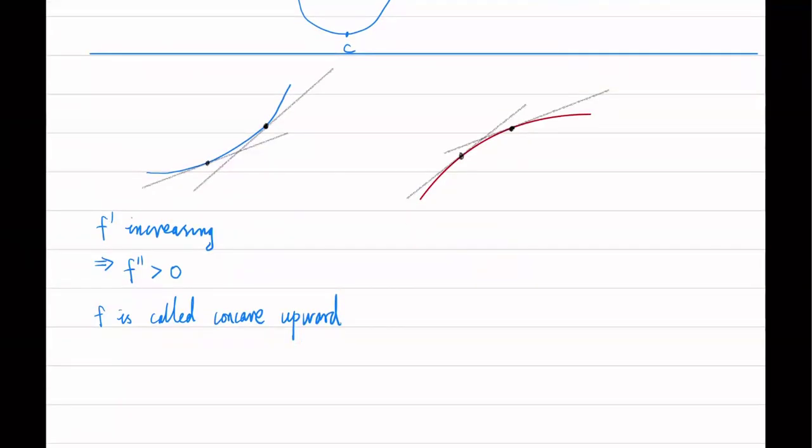Another name, maybe more popular after you are done with calculus, is called convex. A function is also called convex, different names.